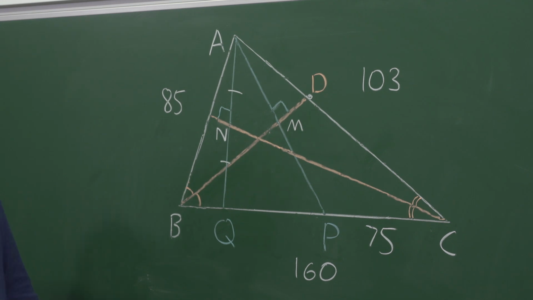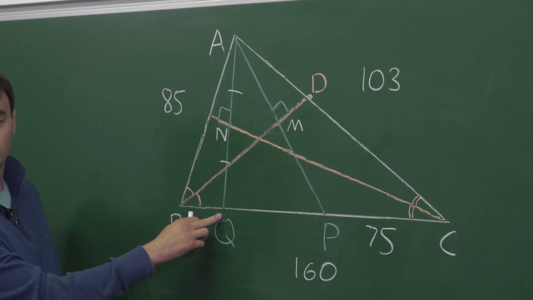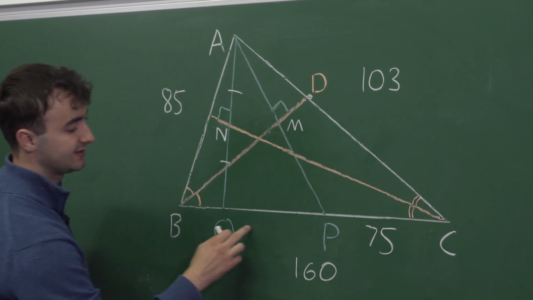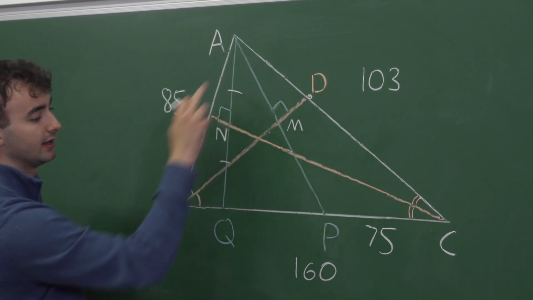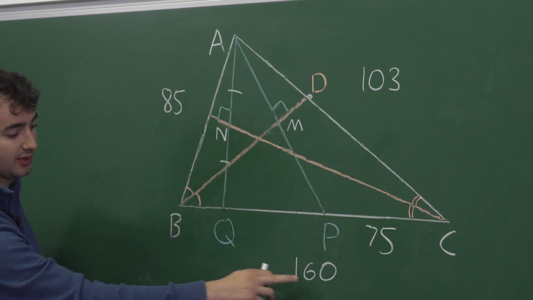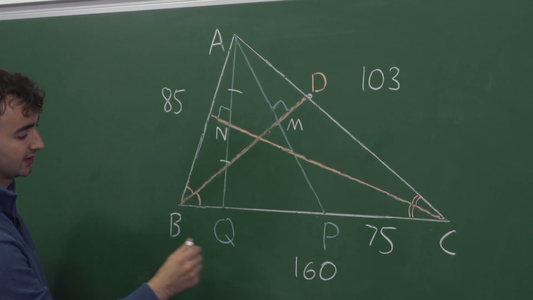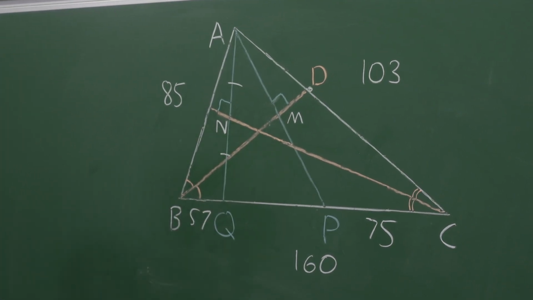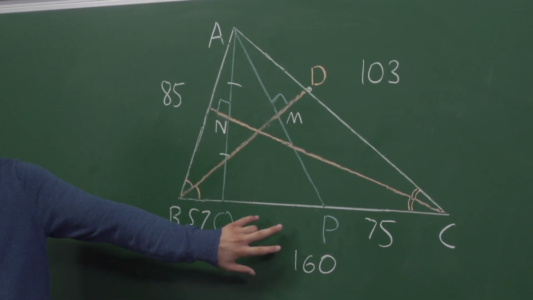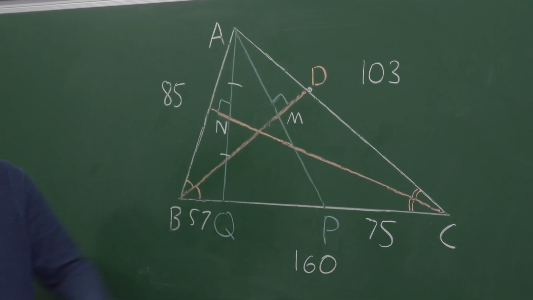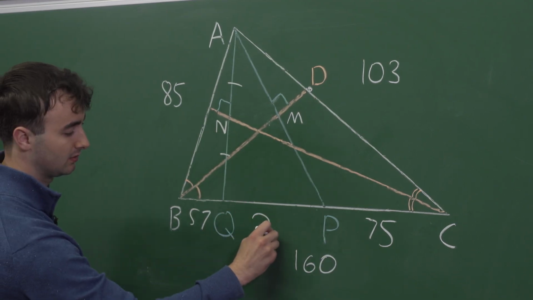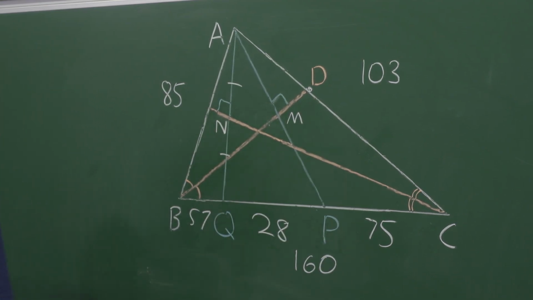and we can work out the length BQ in a similar way that we worked out the length PC. So CQ is the same as the length CA, which is 103, so we can subtract that from the 160 to get a length of 57. This finally allows us to work out the length QP, which should be 160 minus 75 minus 57, 28.